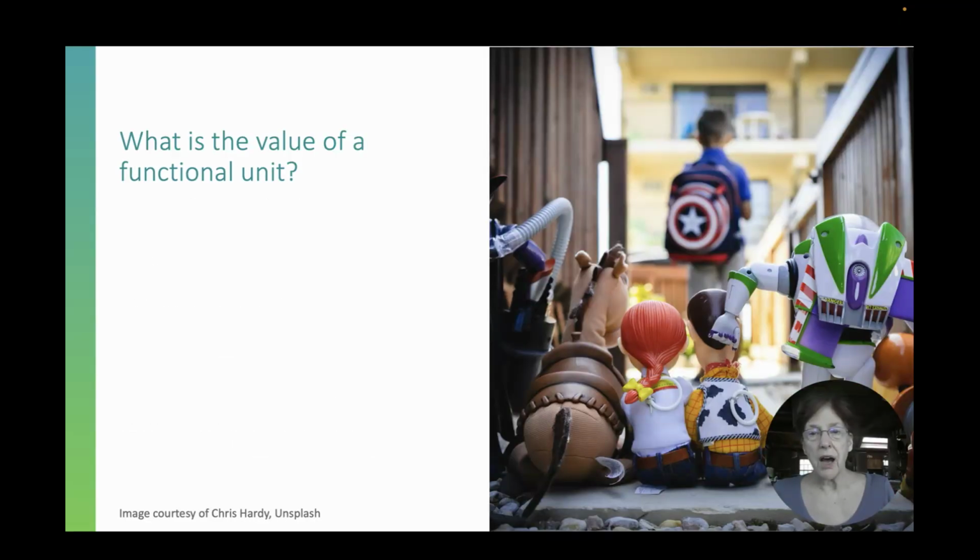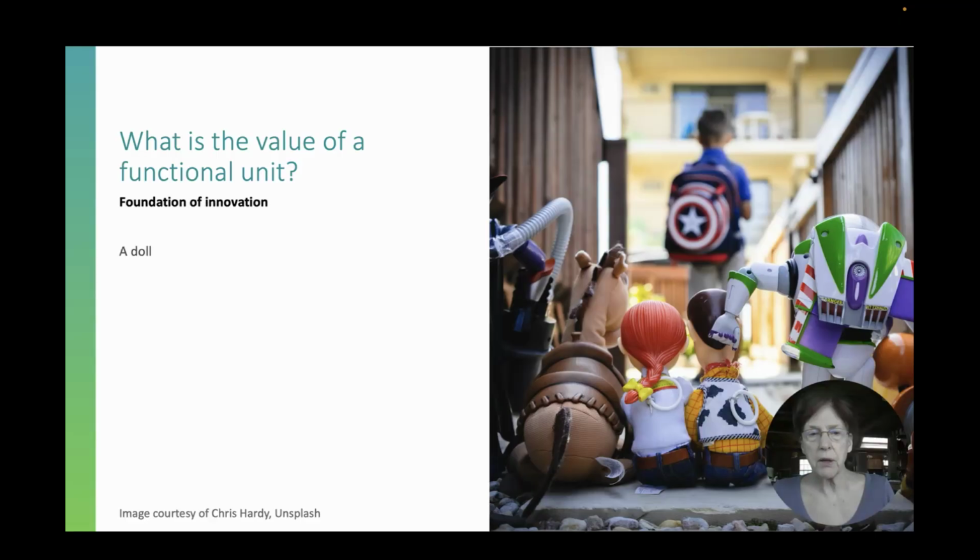Okay, I want to get back to the value of the functional unit. Why is the functional unit so important? The functional unit is really, really valuable because it spurs innovation. I'll go back to an example that really happened. We were working with a toy company and we were looking at the functional unit.